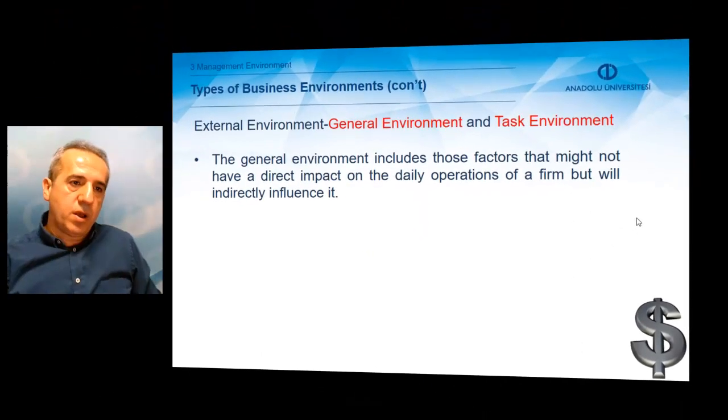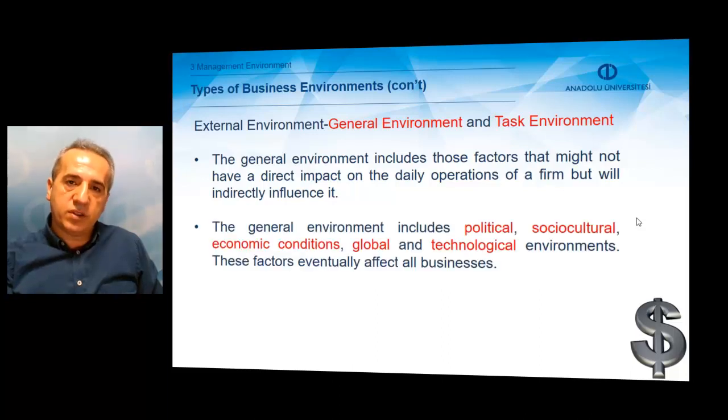As we said before, the general environment includes those factors that might not have a direct impact on the daily operations of a firm, but will indirectly influence it somehow.